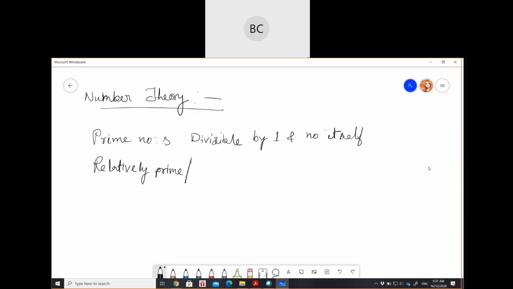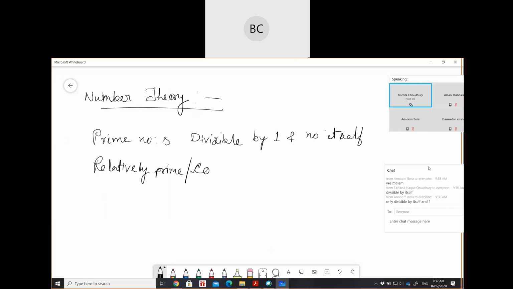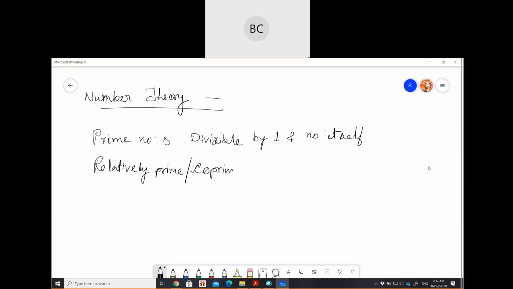or you can say co-primes. Remember in the RSA algorithm we discussed co-primes.